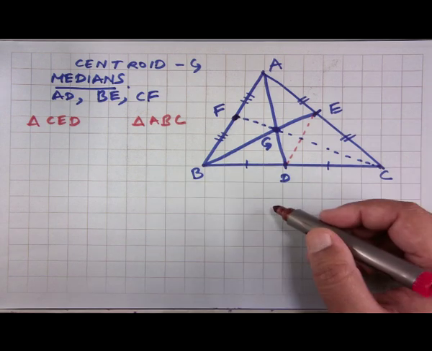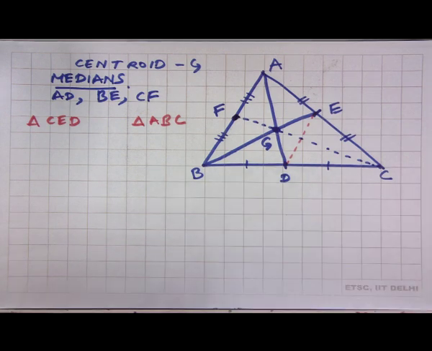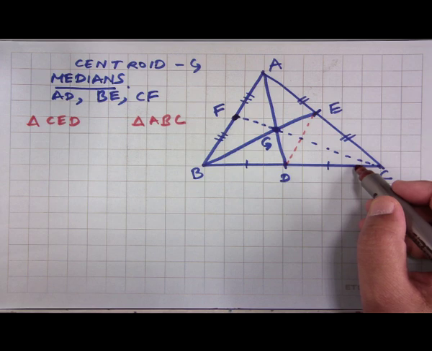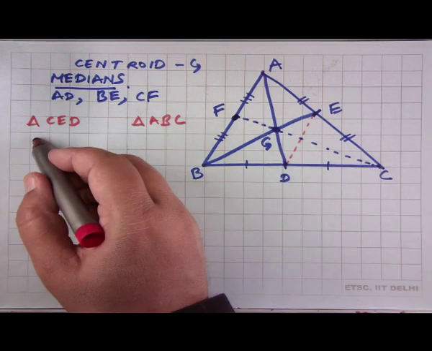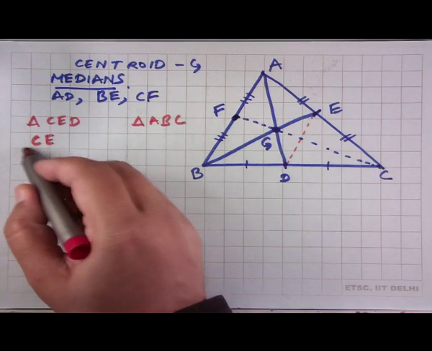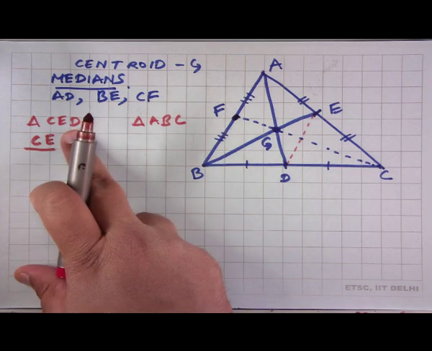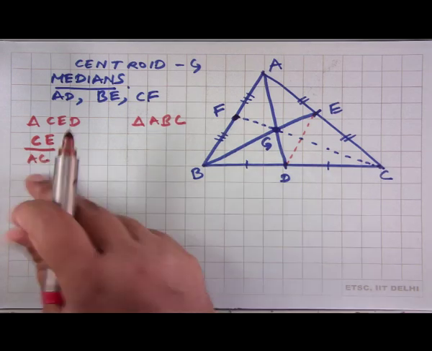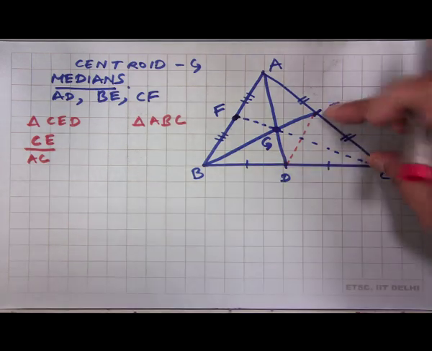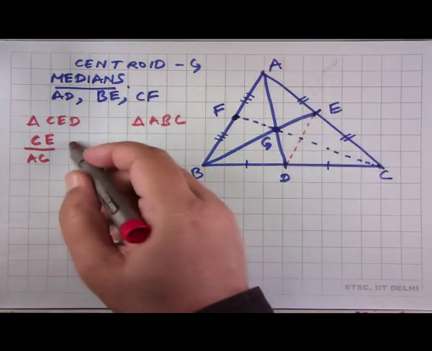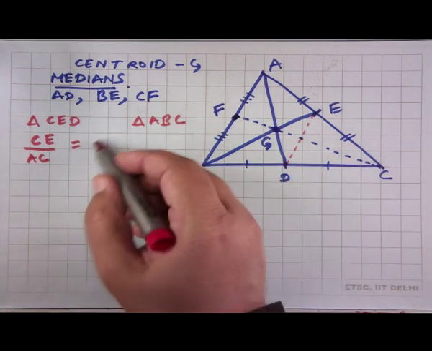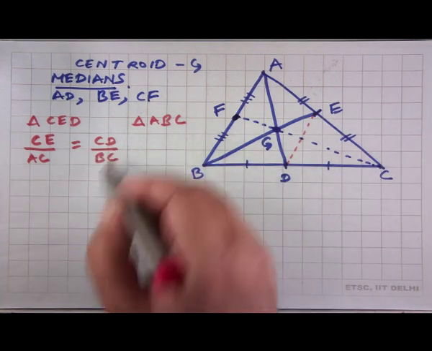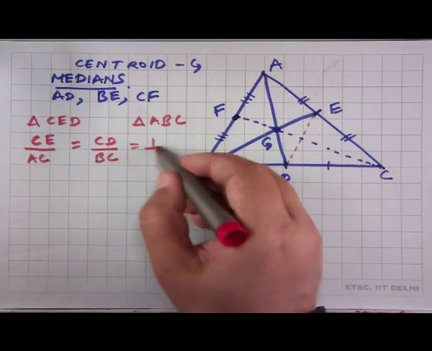Now, if you look at these two triangles, what we see is that they have a common angle, which is this angle C, and further we see that the ratio of the side CE of triangle CED divided by the side AC of triangle ABC is equal to CD of triangle CED divided by BC of triangle ABC, and both these ratios are equal to half.